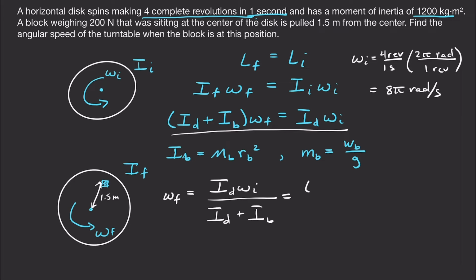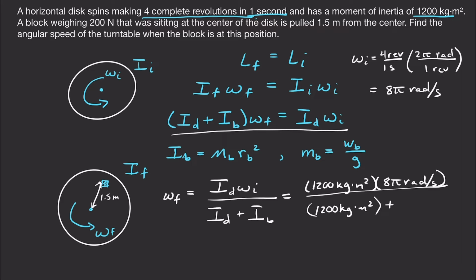So this will be the moment of inertia of the disk, which was given 1,200 kilogram meters squared, times the initial angular velocity we just got, 8 pi radians per second, divided by the moment of inertia of the disk again, so 1,200 kilogram meters squared, then plus the mass, which we said is just the weight over gravity, so this will be 200 newtons over 9.8 meters per second squared.